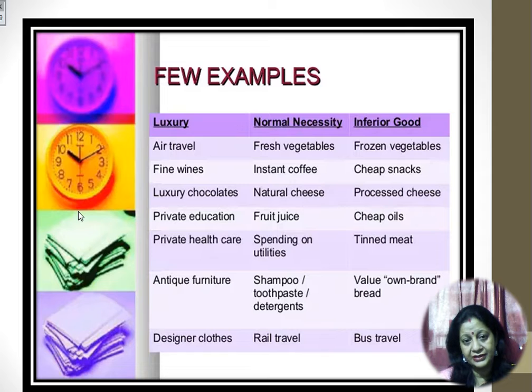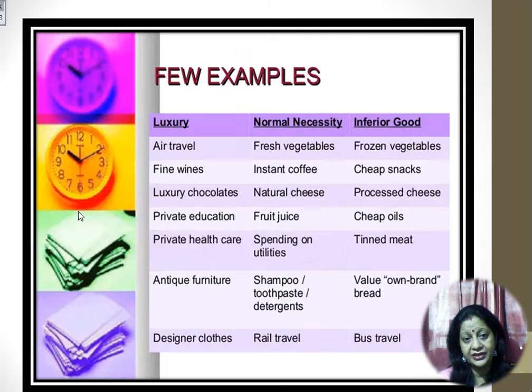Fine wines become luxury, instant coffee becomes normal, and cheap snacks become inferior. Luxury chocolates are luxury, natural cheese is normal, processed cheese is inferior. Private education is luxury, fruit juice is normal, and cheap oils are inferior. Private healthcare is luxury, spending on utilities is normal, tinned meat is inferior.